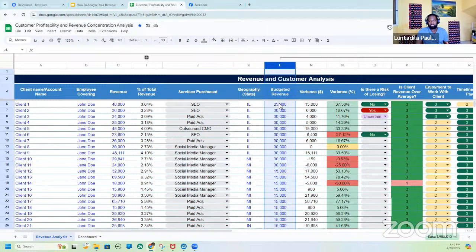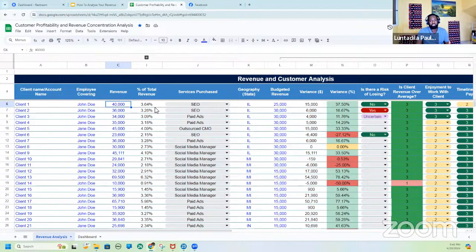Okay. So for example, we were expecting to get 25,000 from this client, and the actual revenue ended up being 40,000. We have a positive variance of 15,000, which is 37% more. Okay, what does that mean to us? What drove that increase in revenue for that specific client?